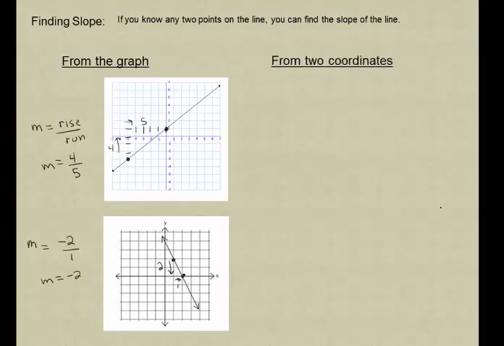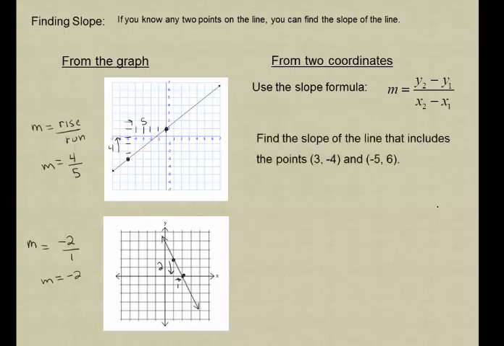We can also find the slope from two coordinates using the slope formula, which is slope is equal to y2 minus y1 over x2 minus x1. So first, I'm going to rewrite my equation. Next, I'm going to label my points.